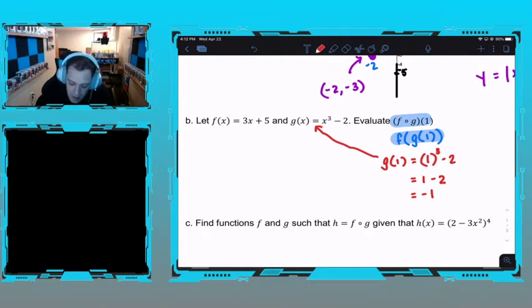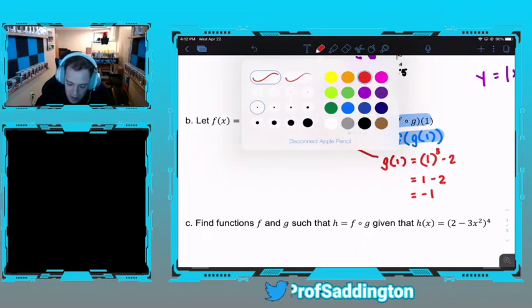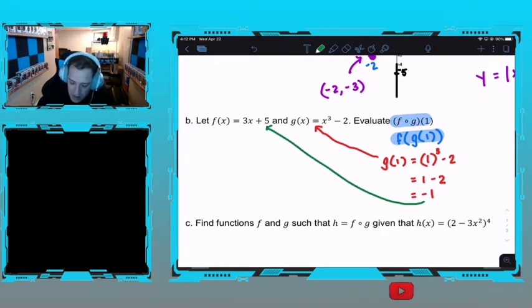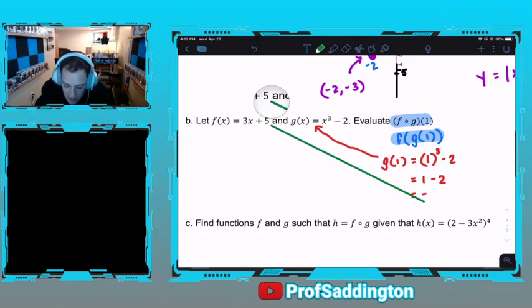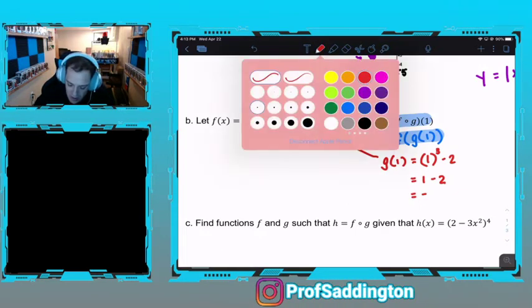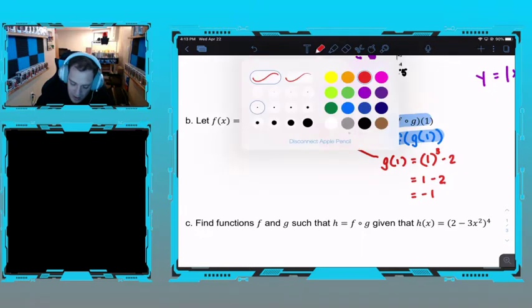So now that I have that -1, I'm going to take it and plug it into the second equation. Why did it change into a straight line? I don't want it to be a straight line. Oh my gosh. Whatever.